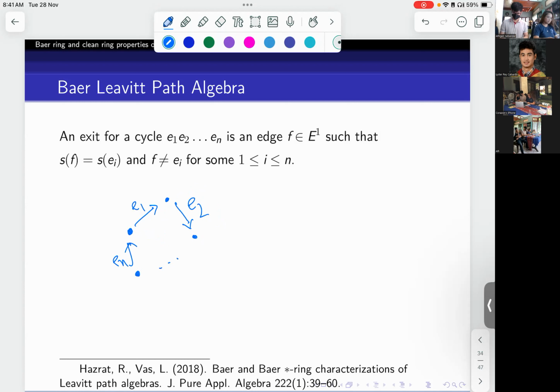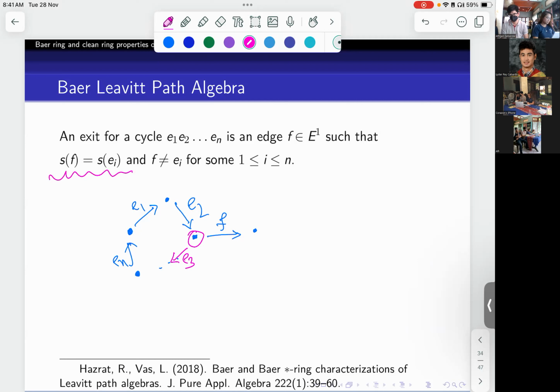So if you have a cycle like this, and suppose there exists an edge f such that the source of f, which is this vertex, is the source of some other edge, like there exists this e3 over here as well.